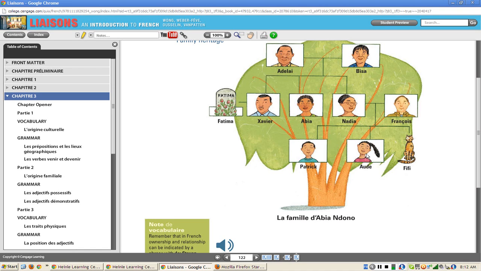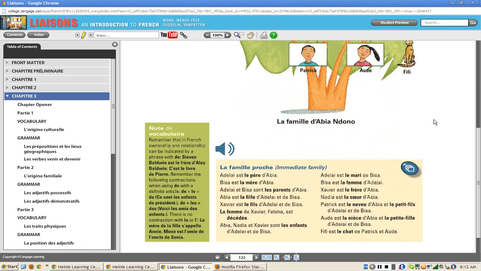Note the pronunciation, very specific. Le fils, la fille. Aude, c'est la petite fille. And of course, you also have the word for father, le père, mother, la mère. Again, les parents, la fille, le fils.